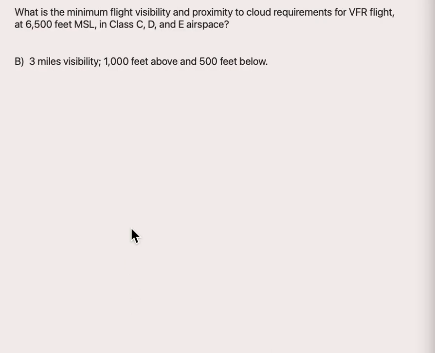What is the minimum flight visibility and proximity to cloud requirements for VFR flight at 6,500 feet MSL in Class Charlie, Delta, and Echo airspace?